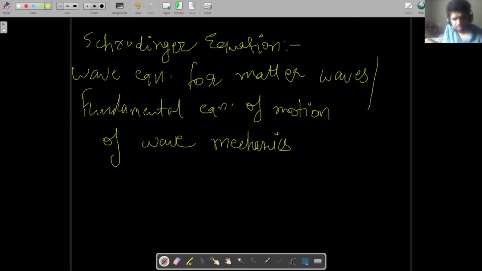So the Schrodinger wave equation is nothing but the wave equation for matter waves, and the fundamental equation of motion of wave mechanics. It is also known by these two names.